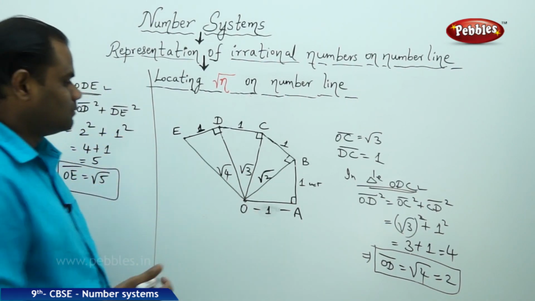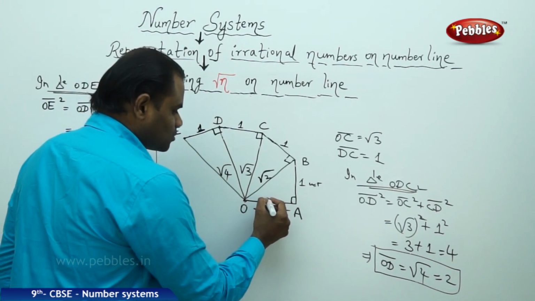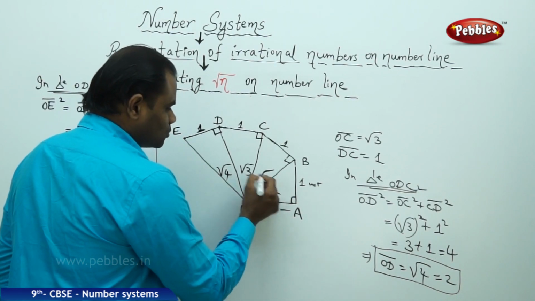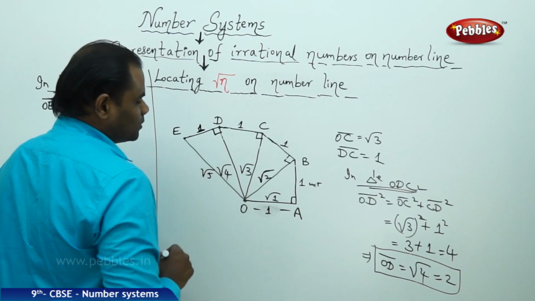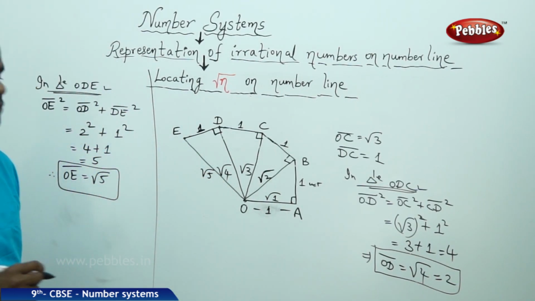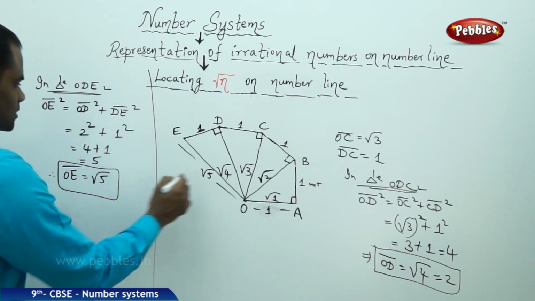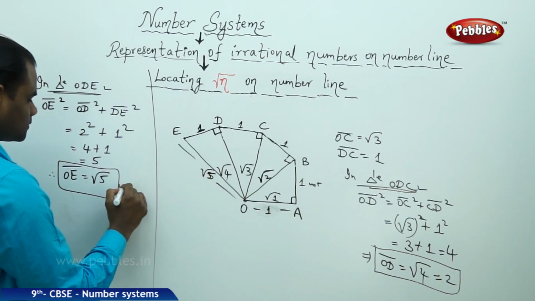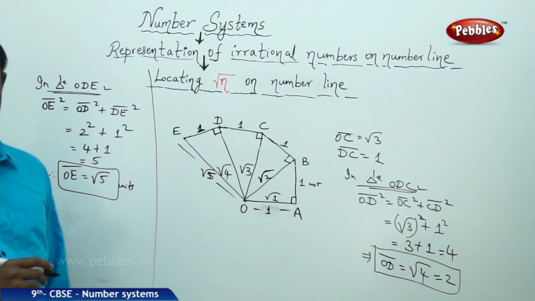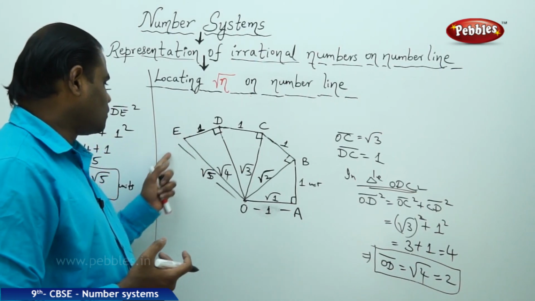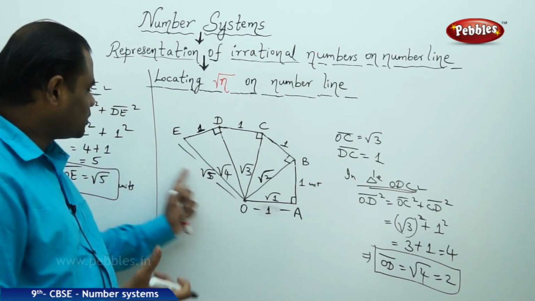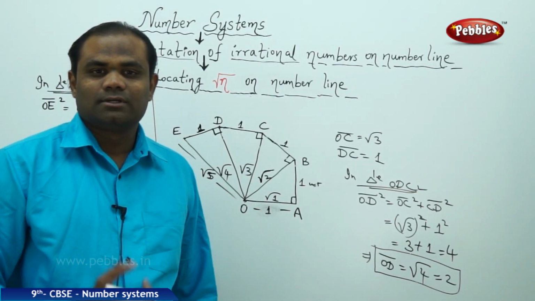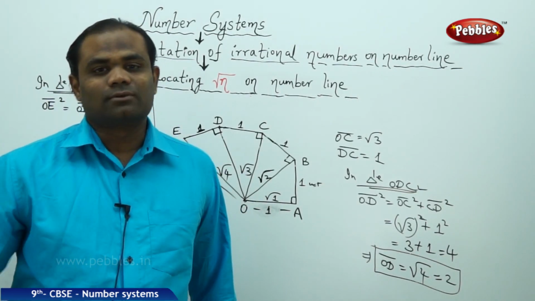So I have root 1, this as root 2, root 3, root 4, and then finally this comes out to be root 5. So this distance OE is root 5 units. In order to construct root 6, we again take a 1 unit perpendicular from E, join the dimension, and we get root 6, root 7, root 8, root 9.